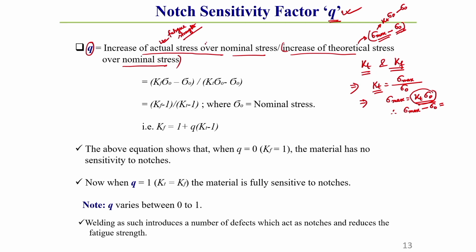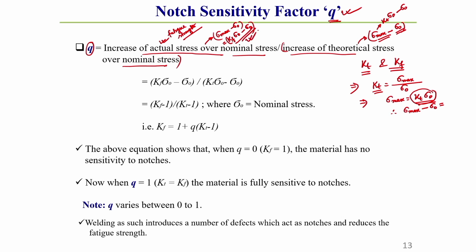Now, what is the fatigue stress concentration factor? What is sigma max here? Here the sigma max will be the stress concentration factor into nominal stress, minus sigma 0, correct. This is the increase of actual stress over nominal stress.